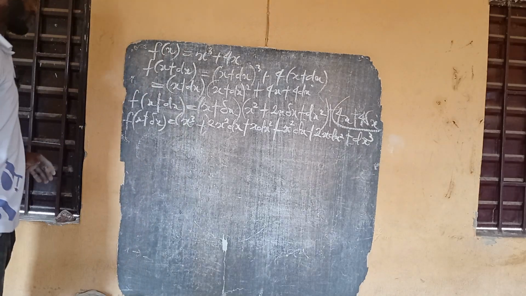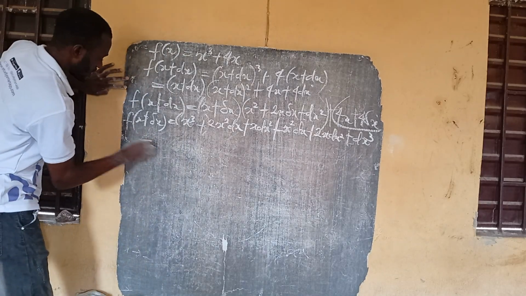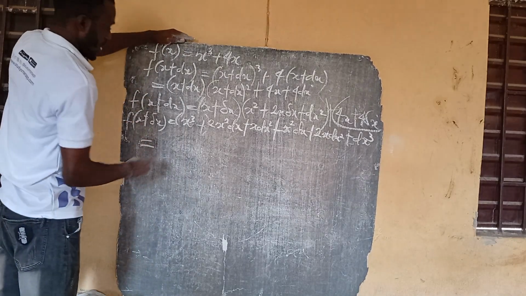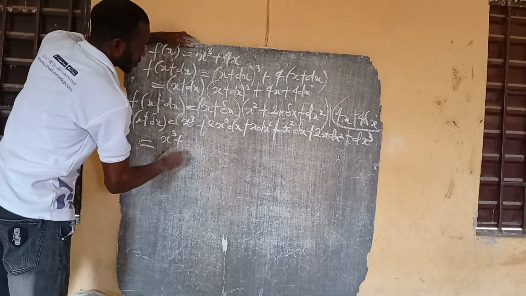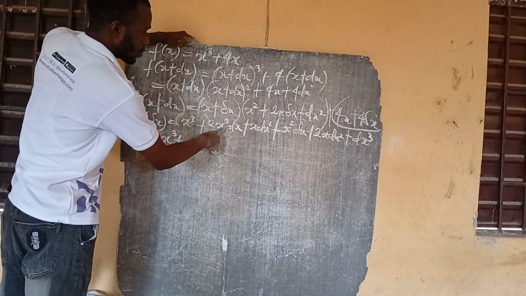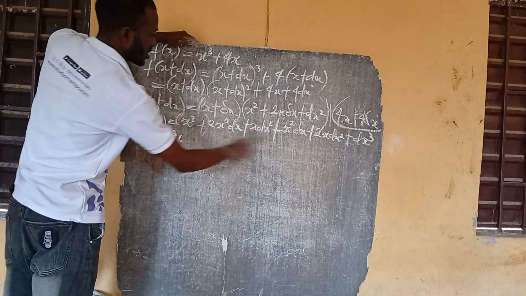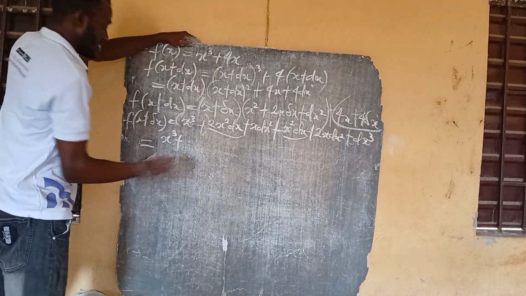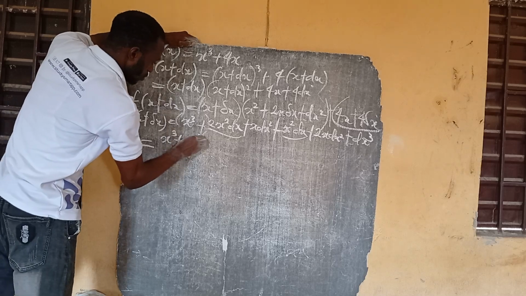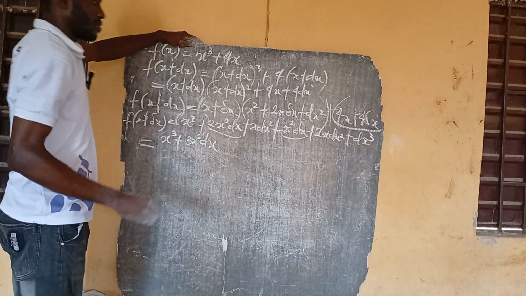Is that okay? If that be the case, then our function becomes x cubed plus, is there any x squared dx? Yes. This guy plus this guy will give us 3x squared dx, because they are like terms.